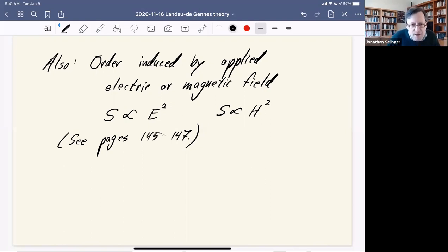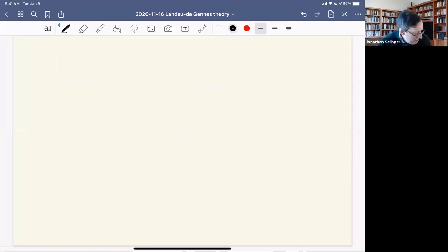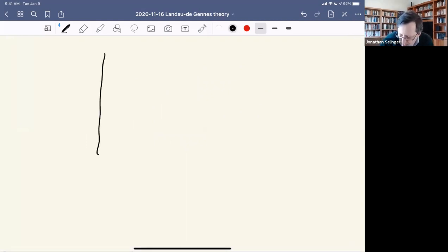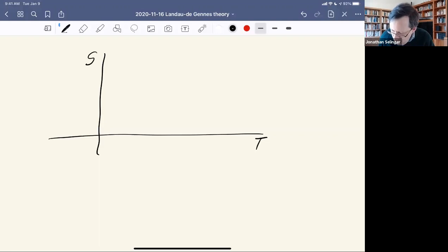A second limitation of what we're doing here is that it predicts a temperature dependence for S as a function of temperature, which looks like this. So there's some temperature for the isotropic nematic transition, like that. For temperatures above that, we have S equals 0.